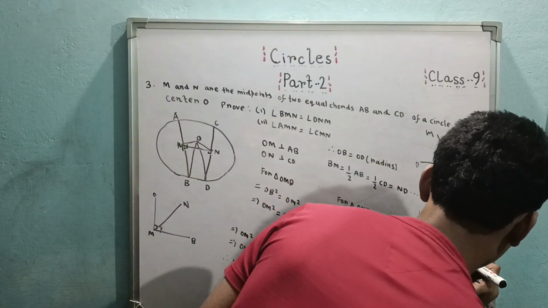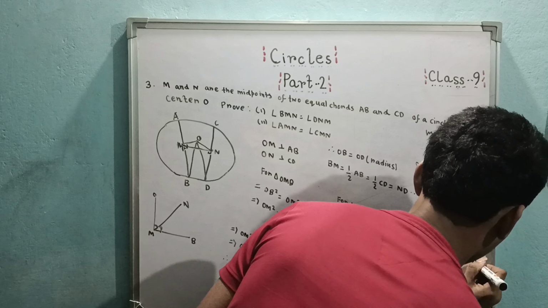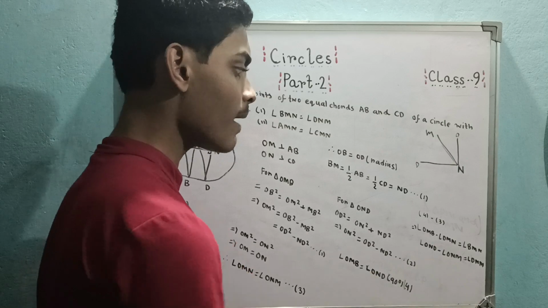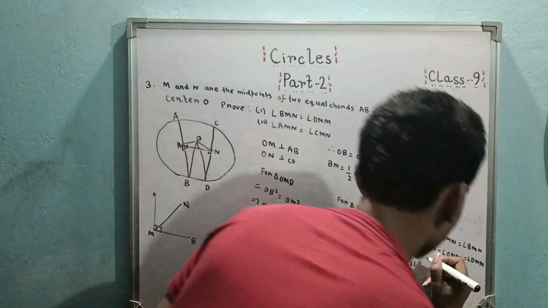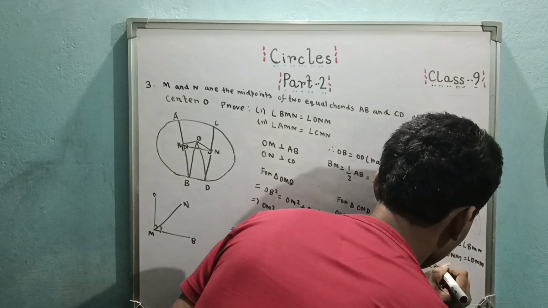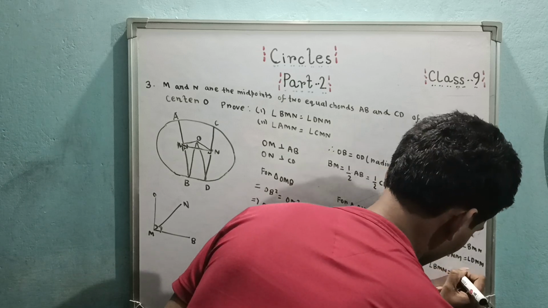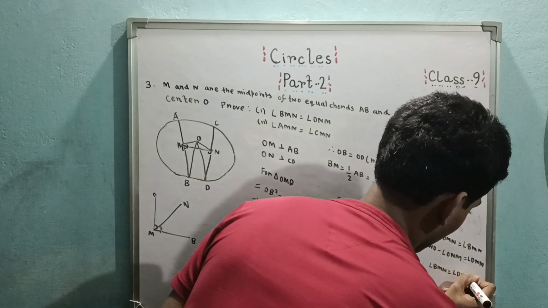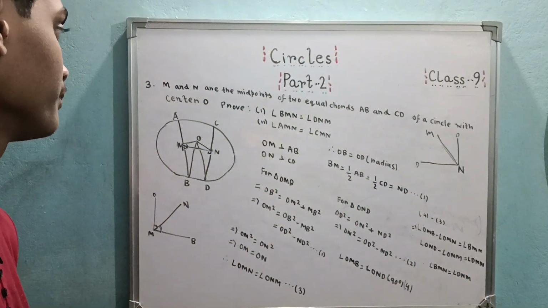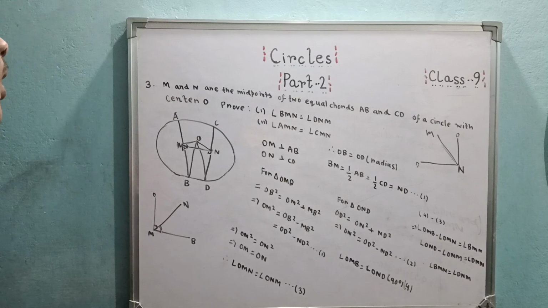So OMB minus OMN is BMN, and OND minus ONM is DNM. Therefore, angle BMN equal to angle DNM. Wow, nice proof.